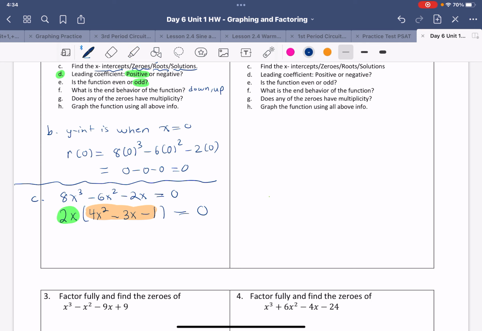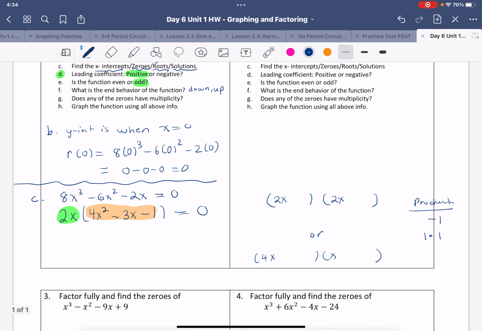So when I'm factoring 4x squared minus 3x minus 1, I'm just going to show my work to the side. You got two options. You got 2x, 2x, or 4x and x. My product, or the number I'm trying to multiply to, everybody, is -1. And the only way to multiply to 1 is 1 times 1.